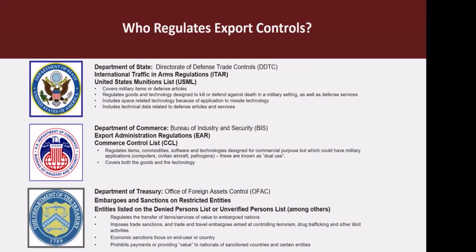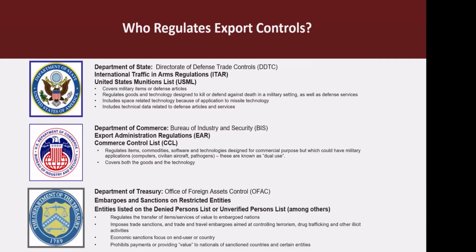As part of the ITAR, there is a specific list called the United States Munitions List, and that list covers all of the military and defense article items. It regulates all the goods and technology and software and services that are designed to kill or defend against death.